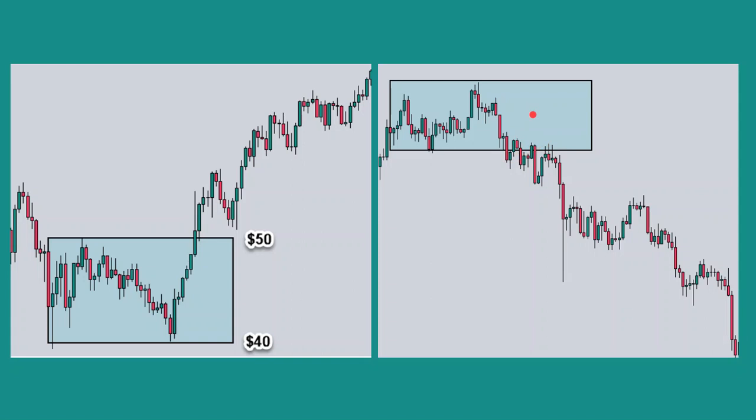This sort of session tells us that buyers stepped in before the close and demand was strong enough to push the price back into the prior box range by the session's end.